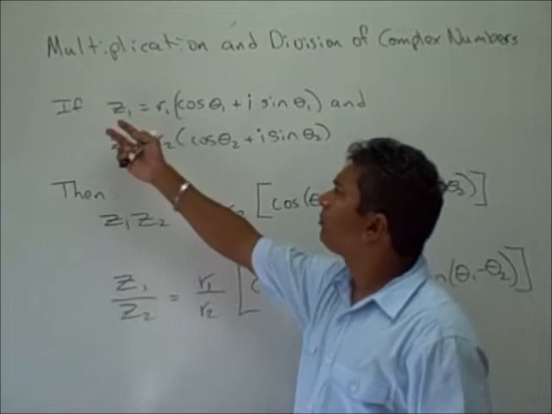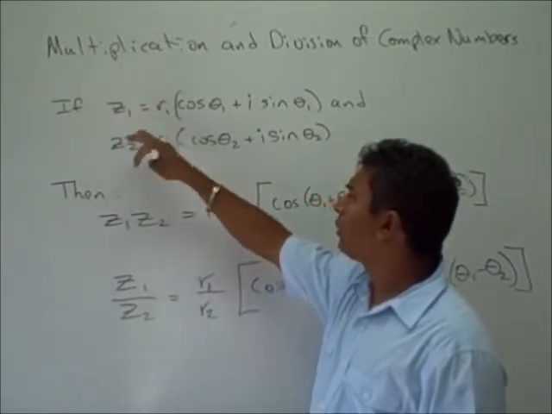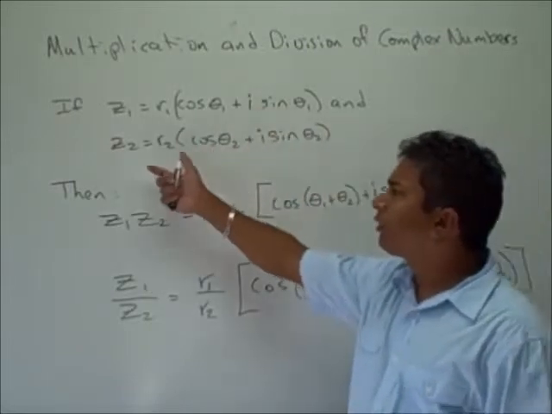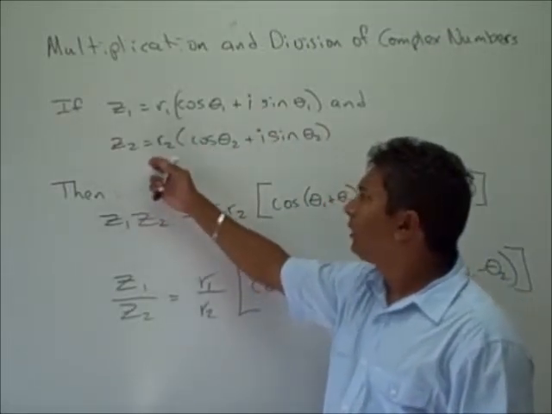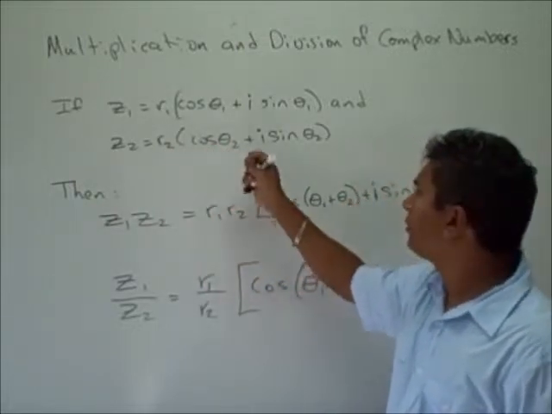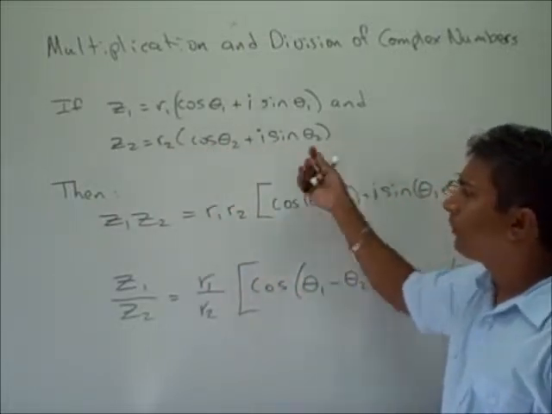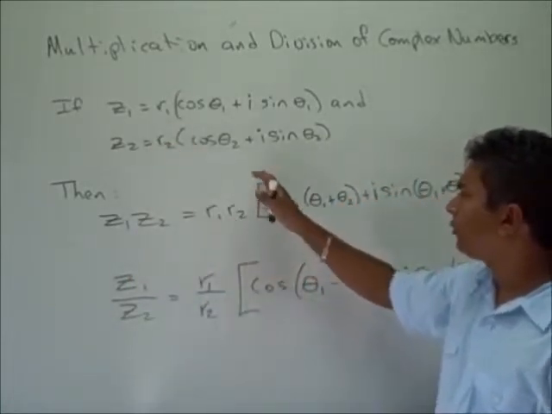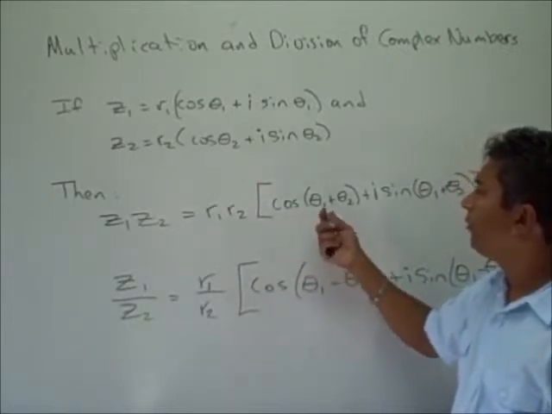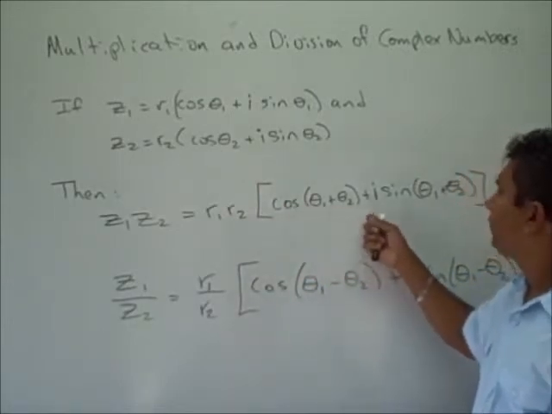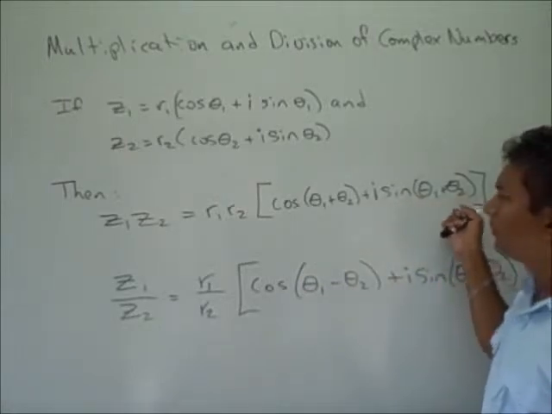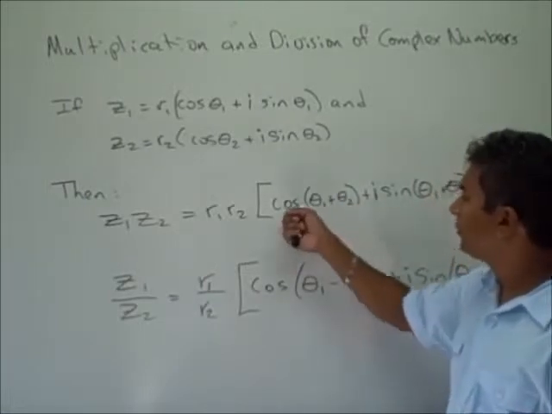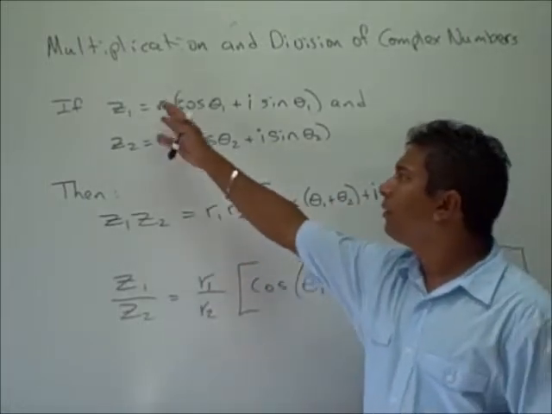Here, if we have a complex number z1 in its trigonometric form, which is r1 times cosine theta 1 plus I times sine theta 1, and we have a second complex number z2 equaling r2 times cosine theta 2 plus I times sine theta 2, their product would be equal to r1 times r2, times cosine of theta 1 plus theta 2 plus I sine of theta 1 plus theta 2. So here all we're going to do is find the sum of the angles, and we still find the cosine and the sine, and we multiply r1 times r2.